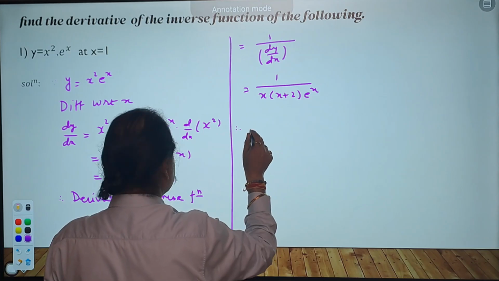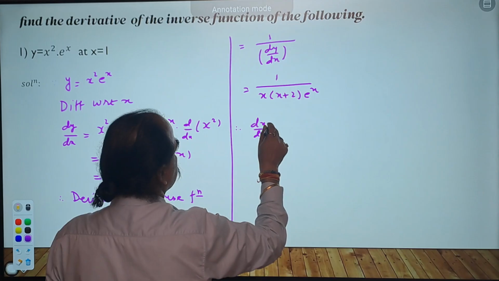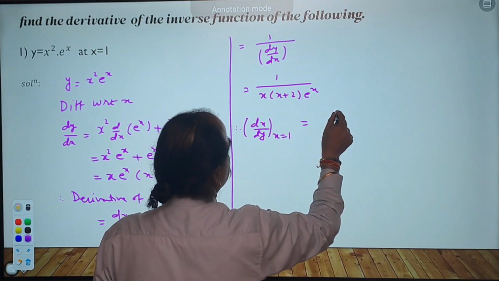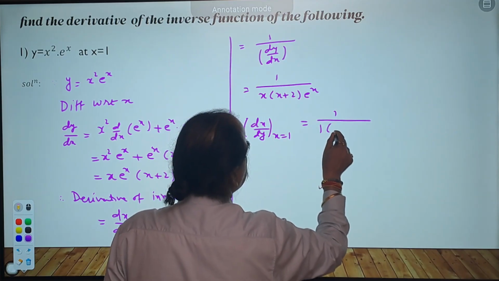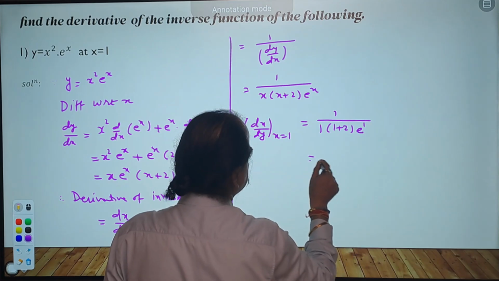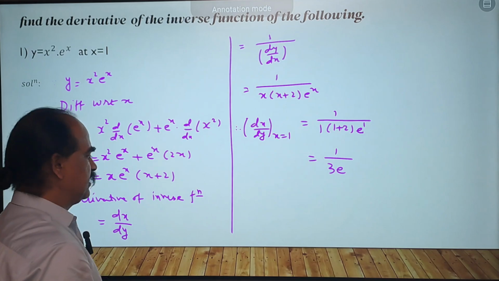Therefore, dx by dy when x is 1 will be 1 upon 1 into 1 plus 2 into e raised to 1, which is 1 upon 3e.